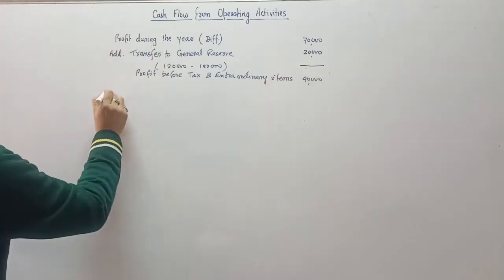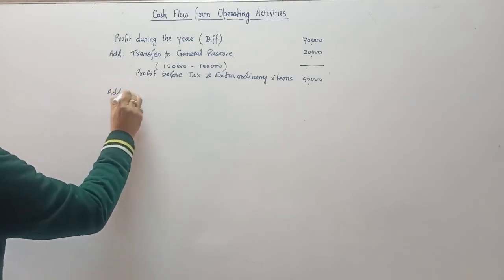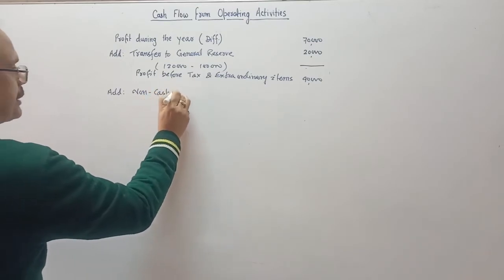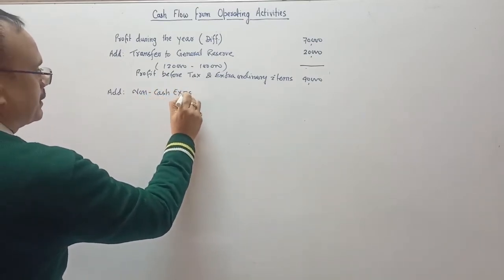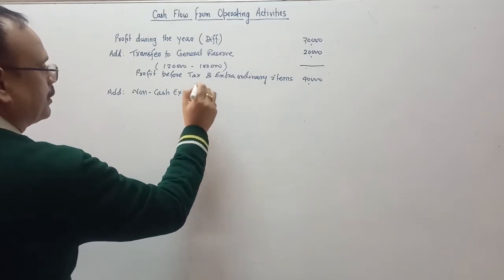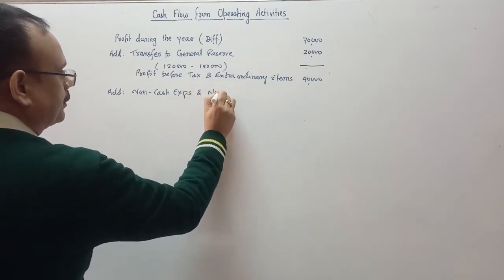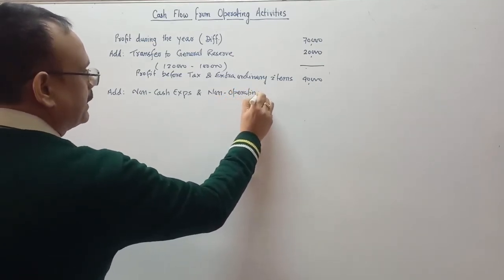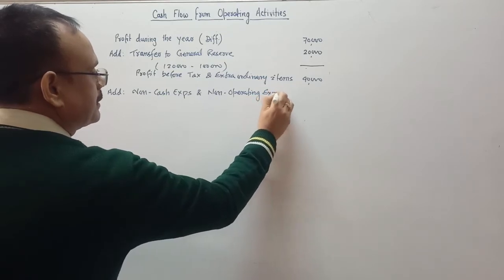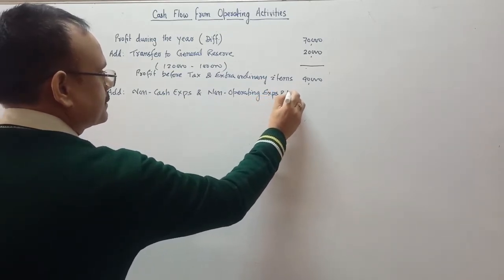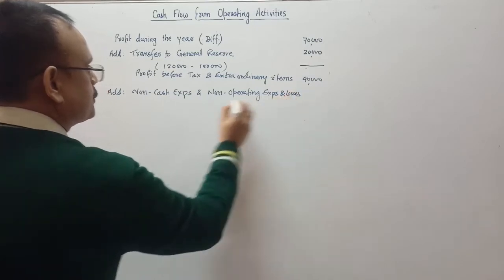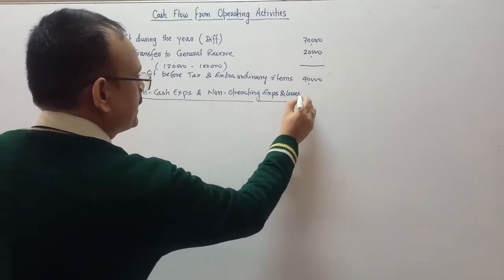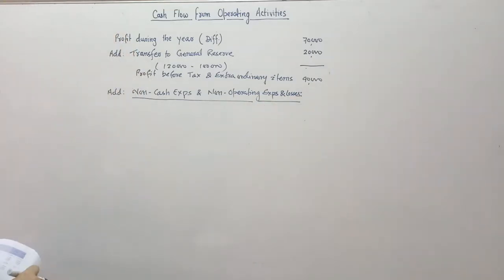Then you add here non-cash expenses and non-operating expenses and losses. You add this one, non-cash expenses and non-operating expenses and losses.